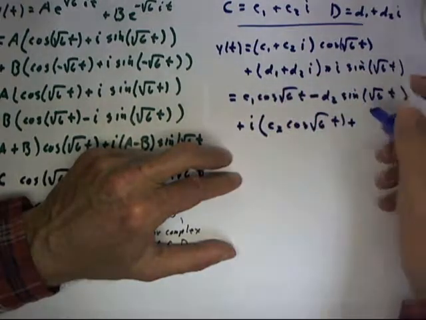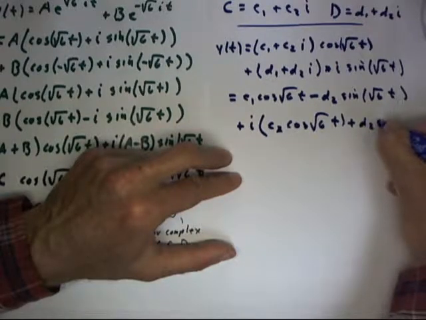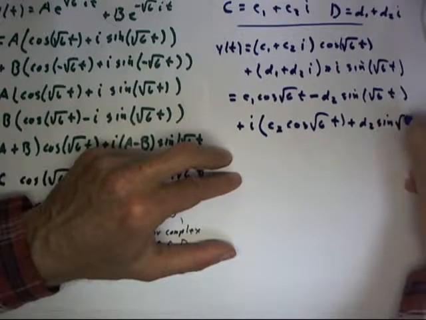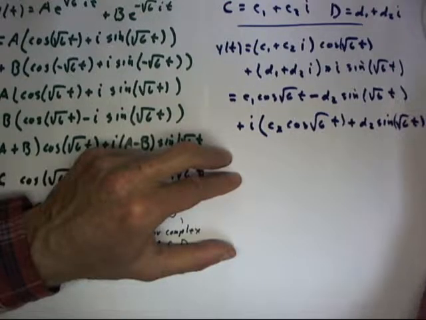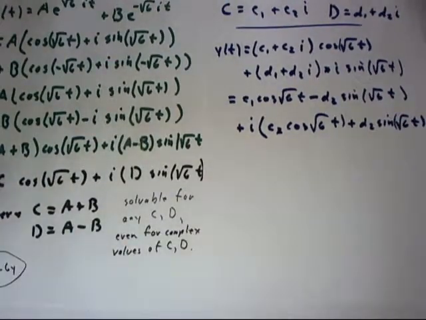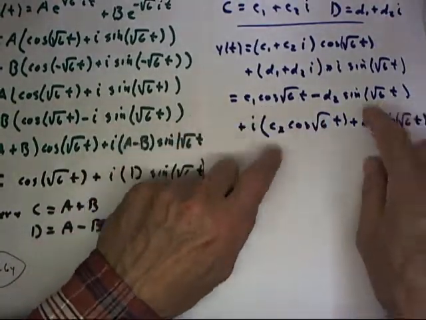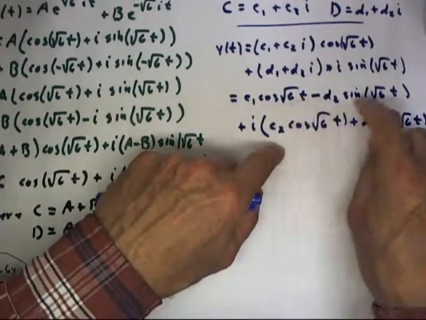The i we'll leave out here, we'll let it distribute, and we have d2 sine square root of 6t, and we see that we have a real and an imaginary part to the solution.